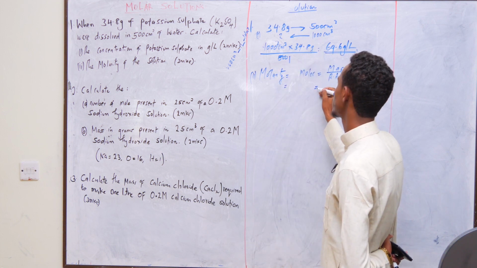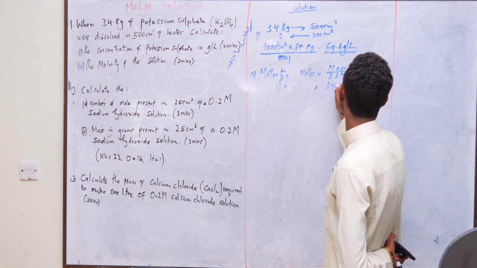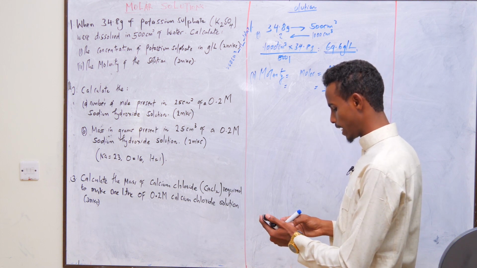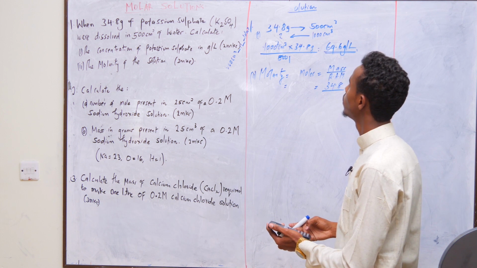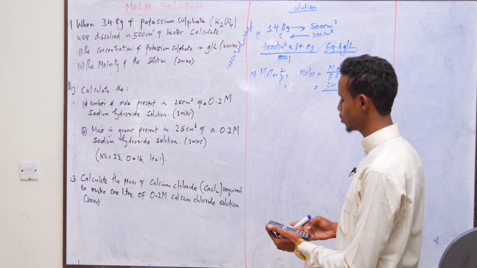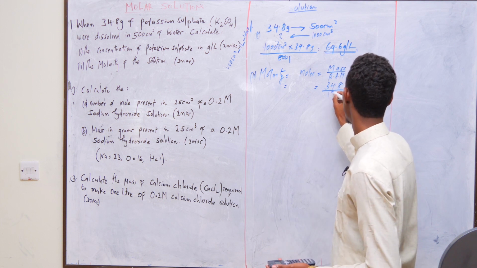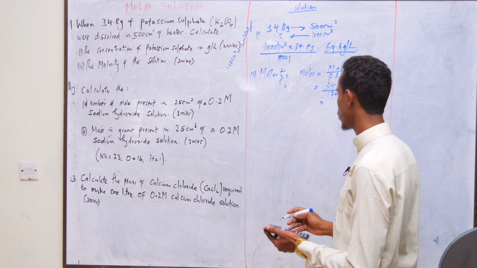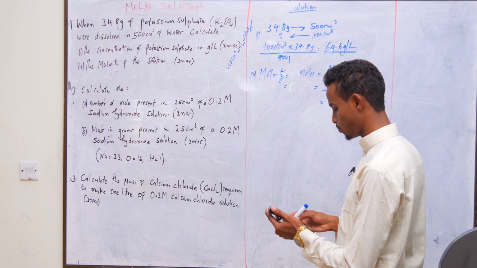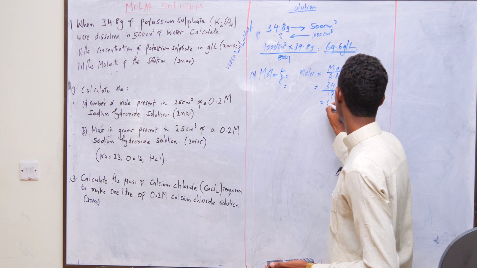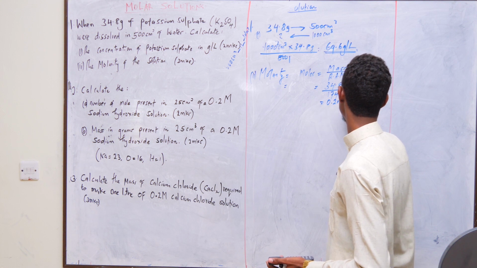Now it will be mass, which is 34.8, divided by the RFM of potassium sulfate: 39 times 2 plus 32 plus 64, that is 174. Now what are we going to get? Moles: 34.8 divided by 174, that is 0.2 moles.